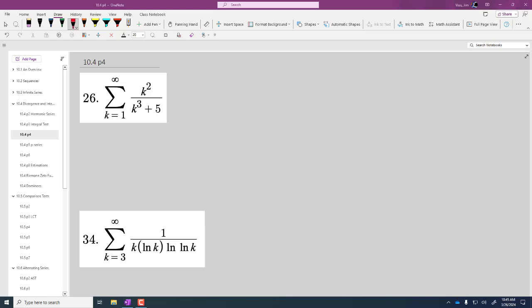Especially when we're in series, the limit always means k goes to infinity. It's totally fine to drop that off. The thing you don't want to drop off is the lim. You can drop off the subscript.